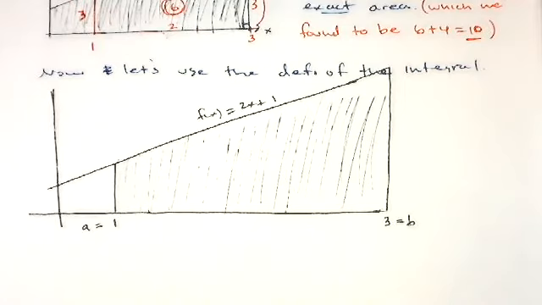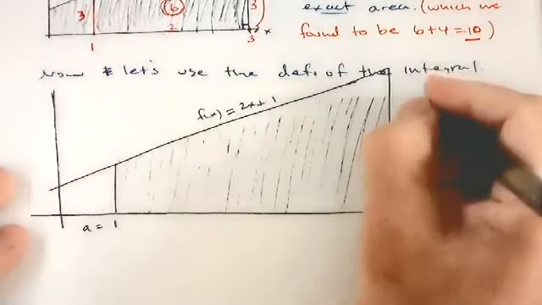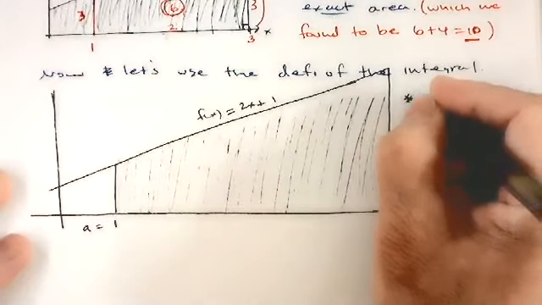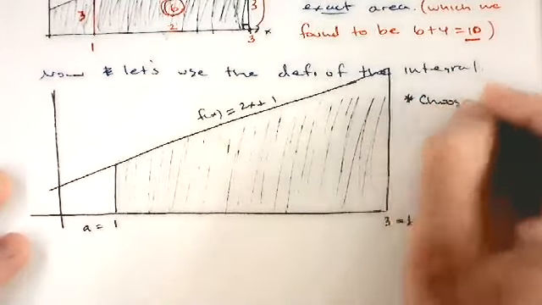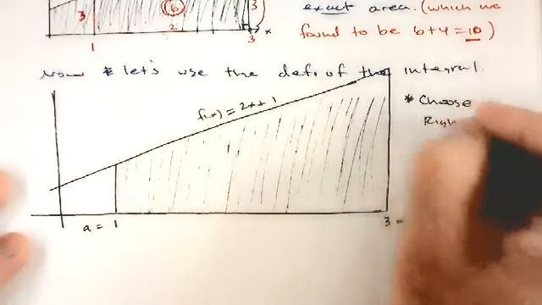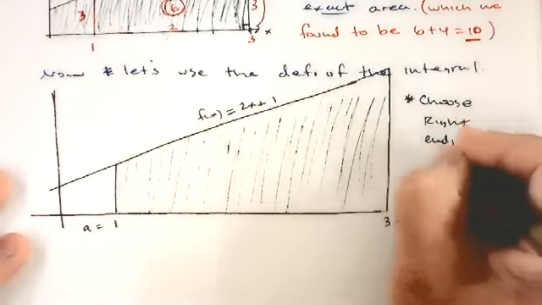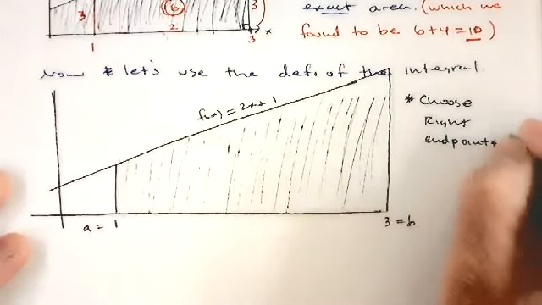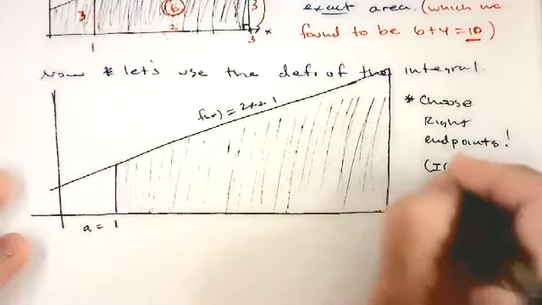And she did it that way. And some of you may have noticed that the formula she ended up with looked a little bit simpler than the one using left-hand endpoints. So given the choice, unless you're directed otherwise, always choose right-hand endpoints. It's almost always faster and easier.